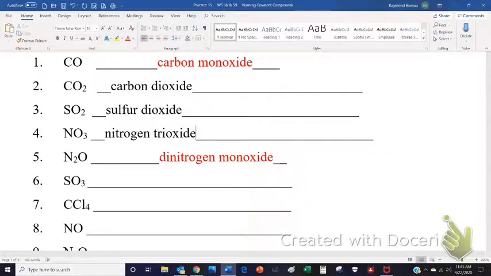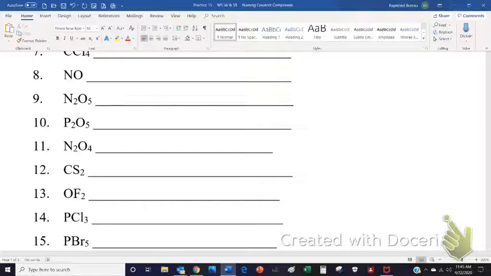All right, now I'm going to scroll down to one that has a subscript on both numbers. So number 9, we see N2O5. Well, we had the rule about not putting mono on the first element. All the others we do. So number 9 is going to be dinitrogen.